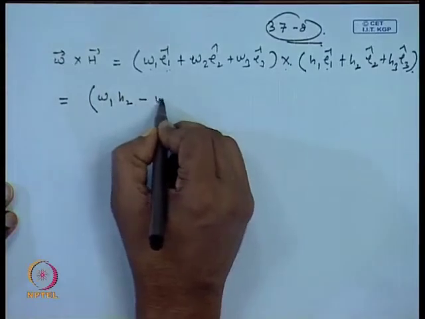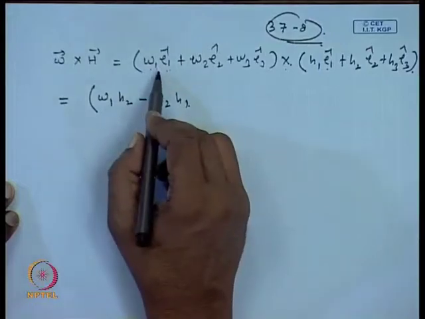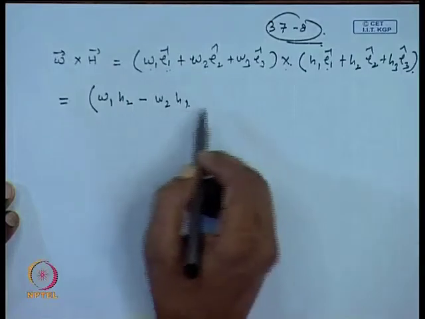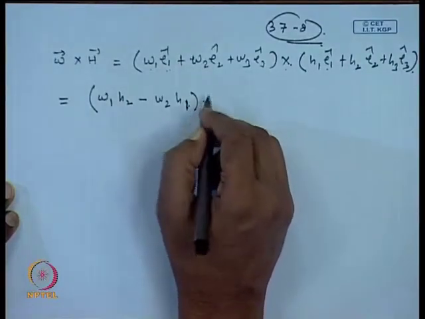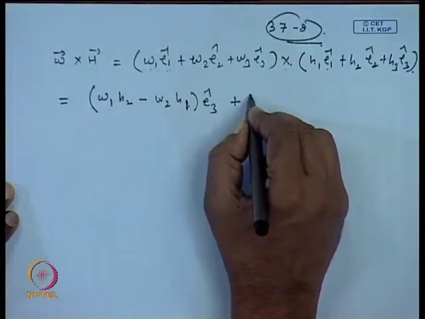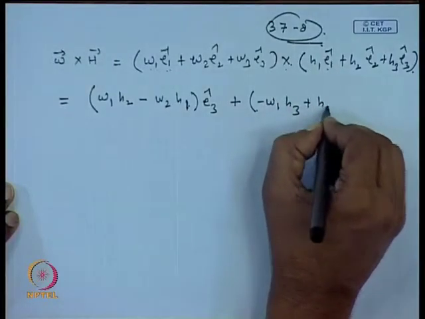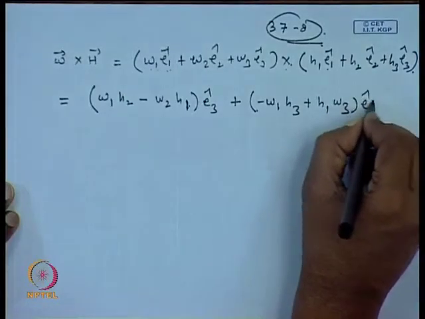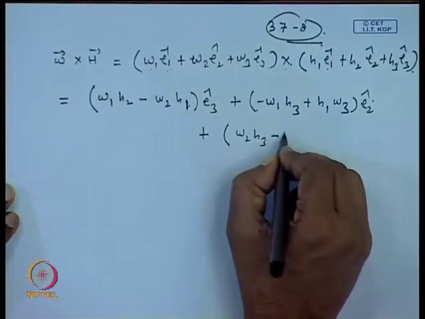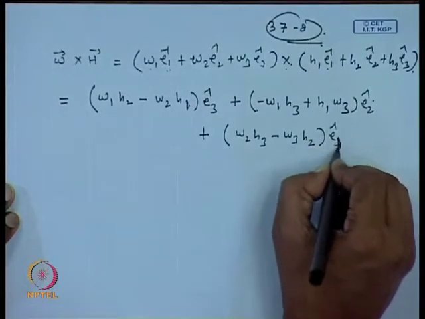So, this can be written as omega 2 H 1 times E 1 cap.